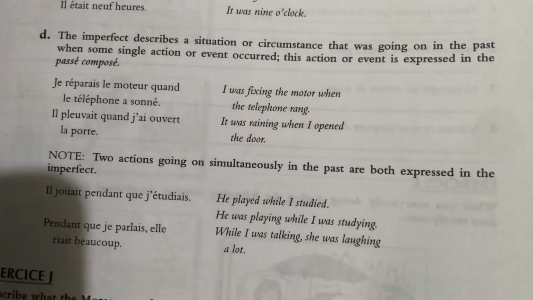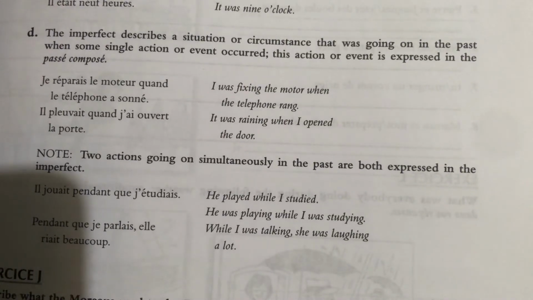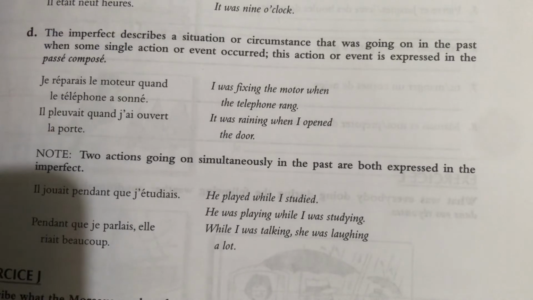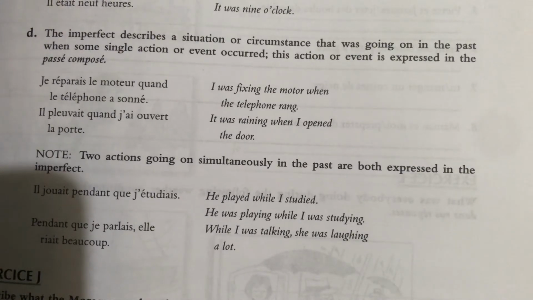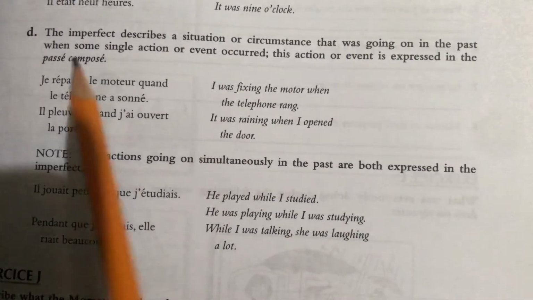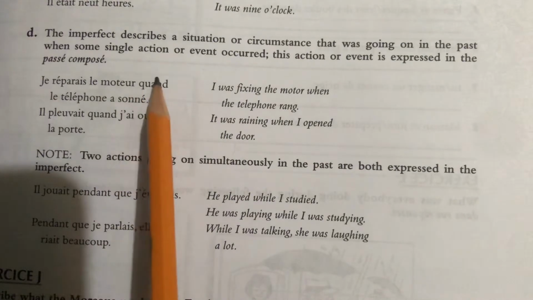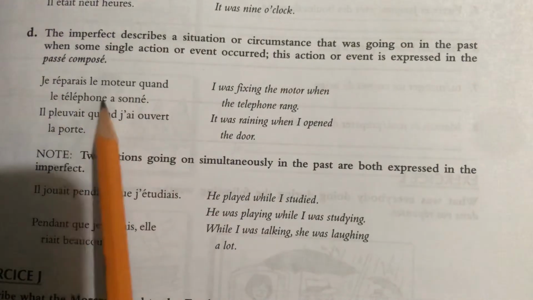Next instance, the imperfect tense describes a situation or circumstance that was going on in the past when some single action or event occurred. This action or event is expressed in the passé composé. Example, je réparais, imperfect tense, le moteur quand le téléphone a sonné.